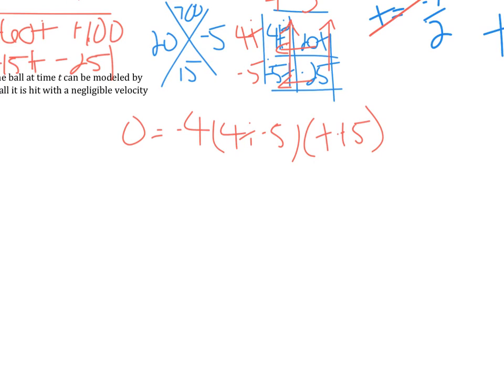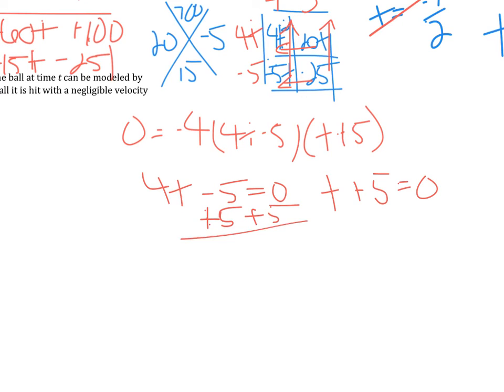We already saw that the negative 4 doesn't do anything, so then take the factors with a variable in it and set them equal to 0. So when I solve, add 5, and you get 4t equals 5, divide by that 4, and t equals 5 over 4, or 1.25.